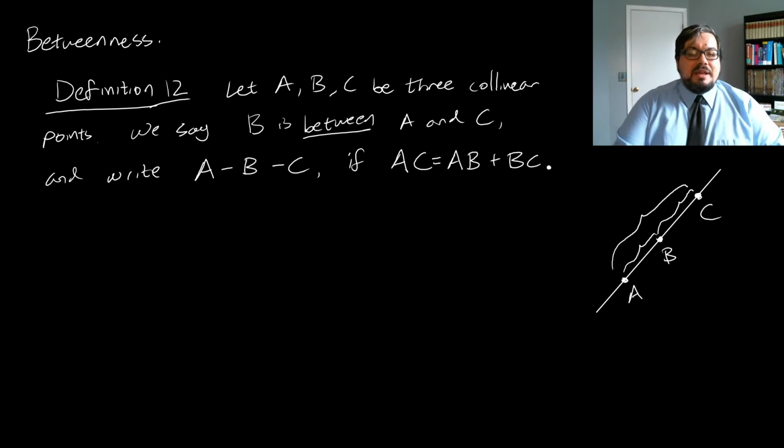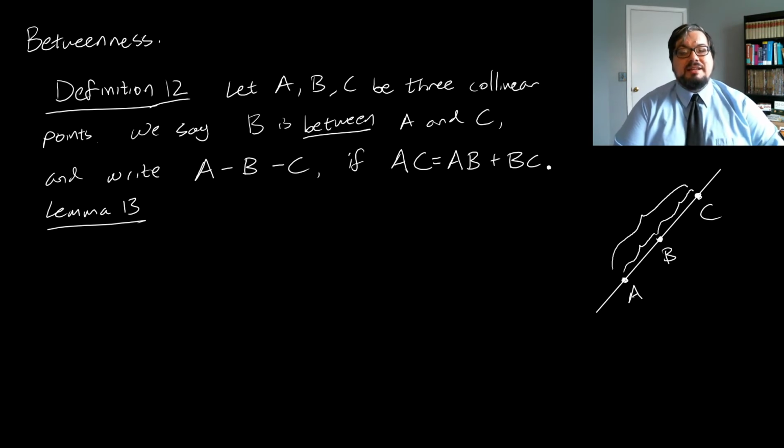Now, when we think about things in terms of a coordinate system and the ruler placement theorems and such, we have alternative descriptions of betweenness. And the next lemma is going to be extremely convenient for us. It gives us four different ways to understand what it means for a point to be between two other points.